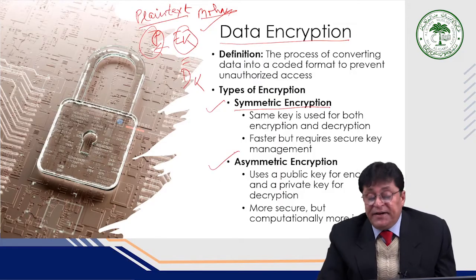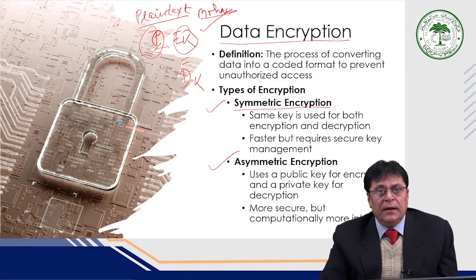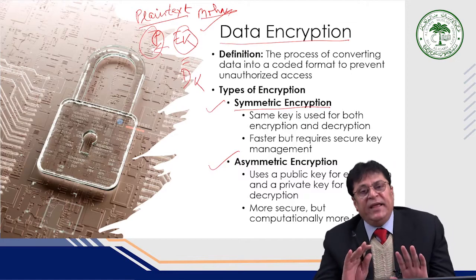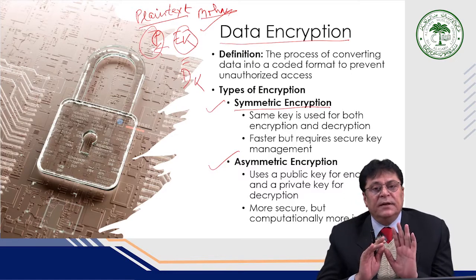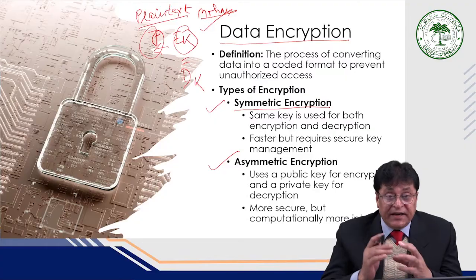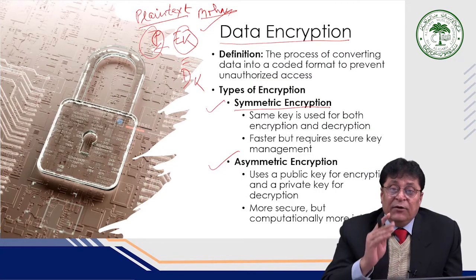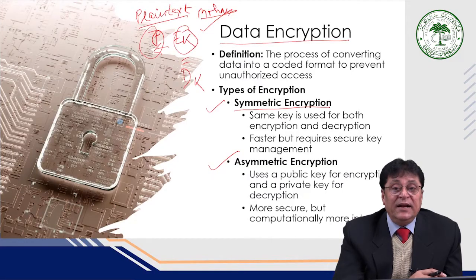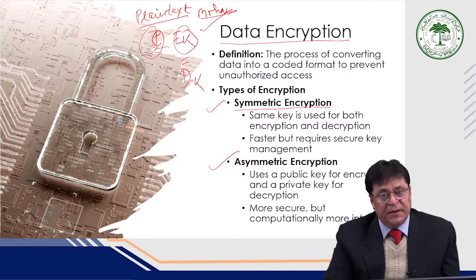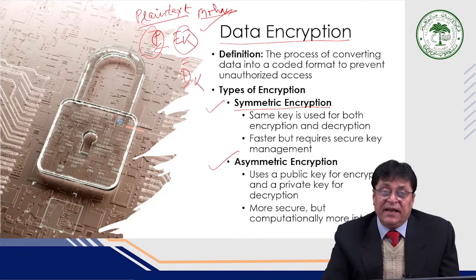Second one is asymmetric encryption. It does the same thing, encryption and decryption, but the concept of keys are different here. Asymmetric means one key for encryption, another key for decryption, which is different from the encryption key.